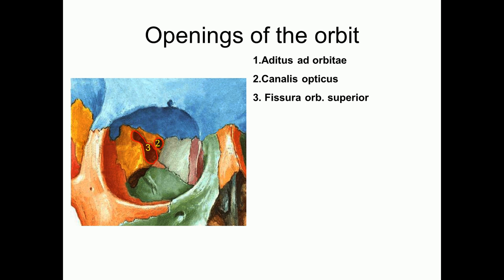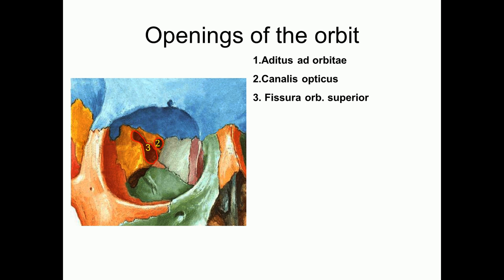Then number 3, fissura orbitalis superior. We remember that this fissure is part of the sphenoid bone, that it's between the large wing and small wing of sphenoid bone.